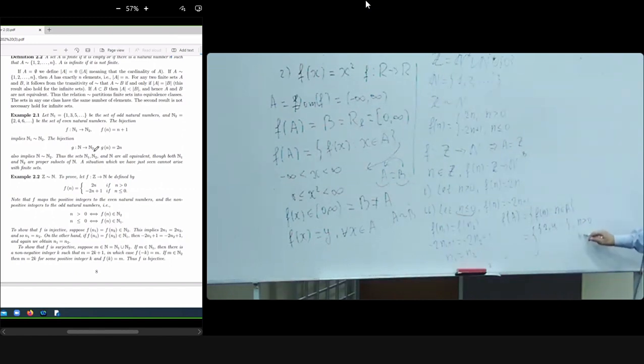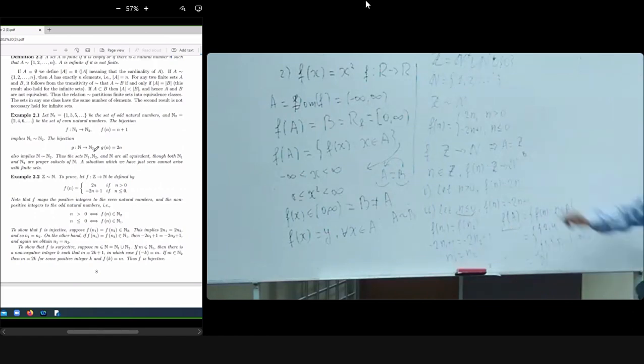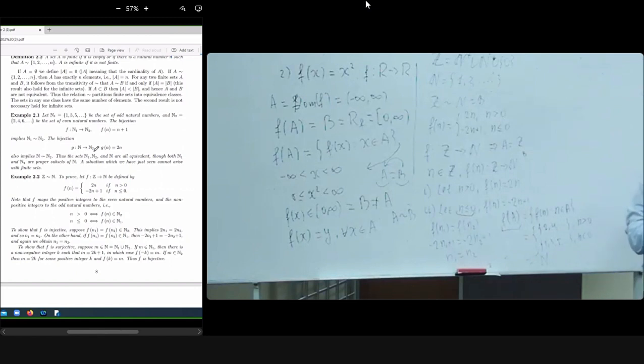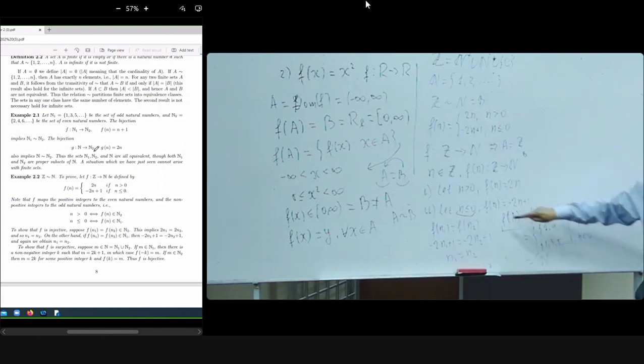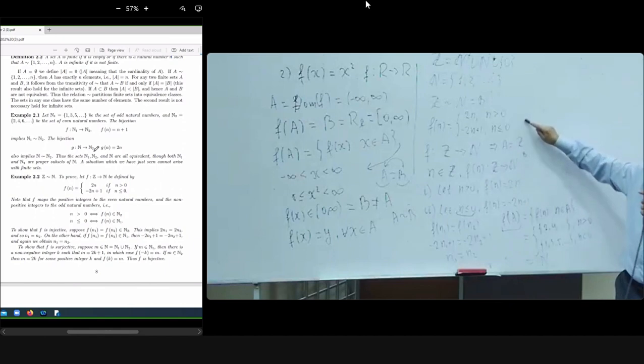When n is negative, I get 1, 3, 5, and so on, which is n. You see, f of a equal to n. n is b. So I got injectivity proof, surjectivity proof, proven. So it is bijective. So this function is bijective.